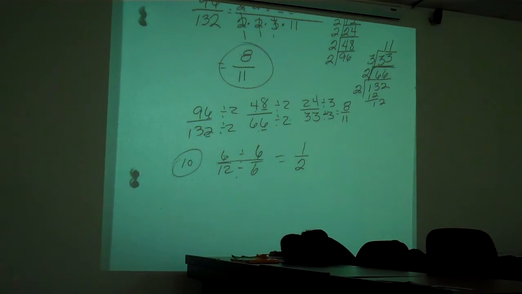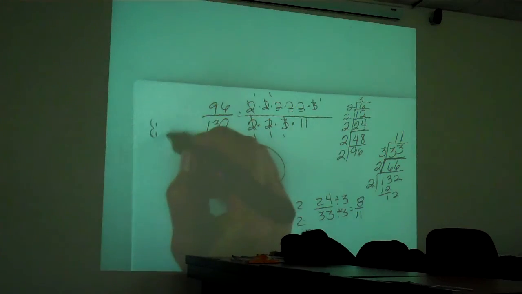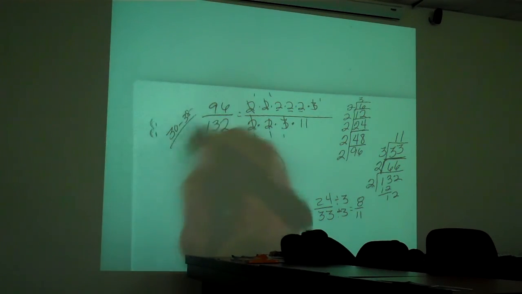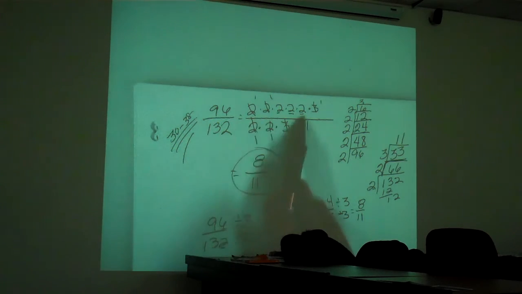Up to 28, you could do it either way, but from 30 to 38, you have to do the product of primes way. Those problems on your homework, you have to do with the product of primes, the prime factoring way. Okay?